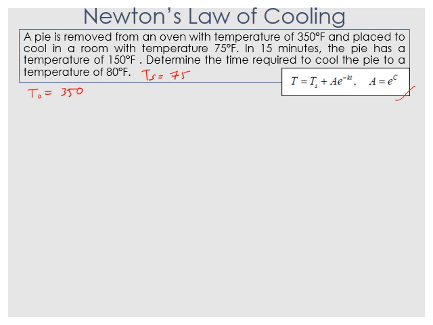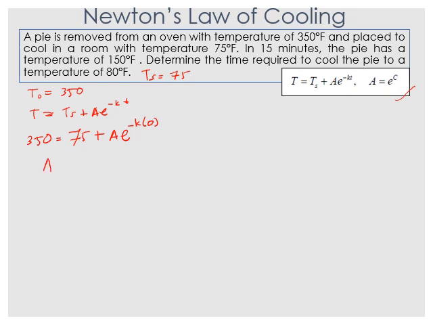T equals Ts plus A exponent negative Kt. So we substitute T naught: 350 equals 75 plus A exponent negative K times 0, because it's the initial temperature, so time is 0.